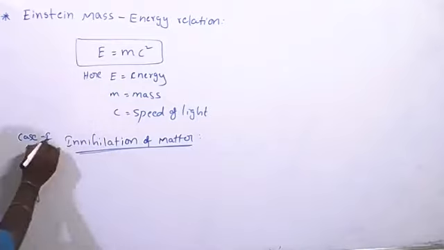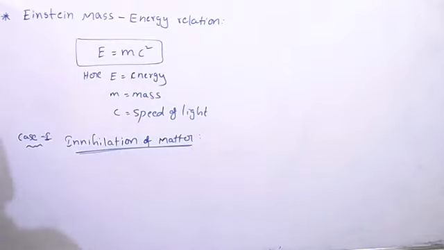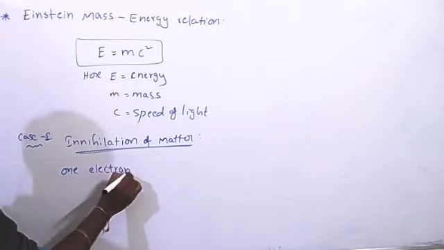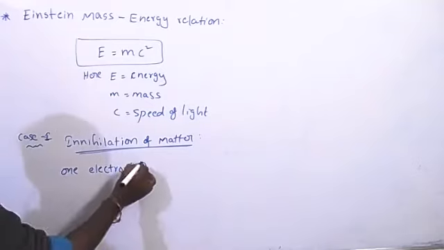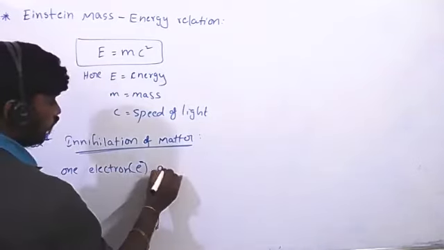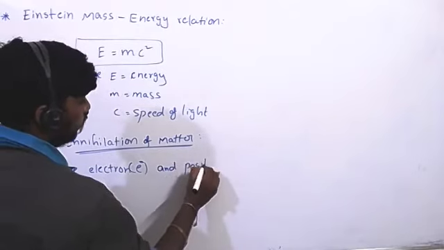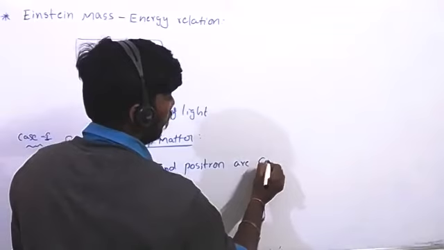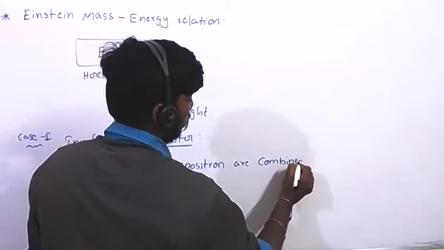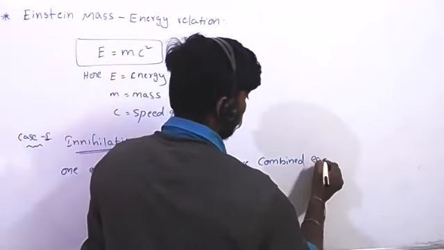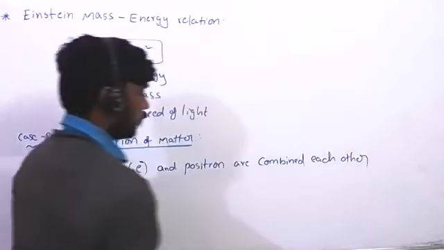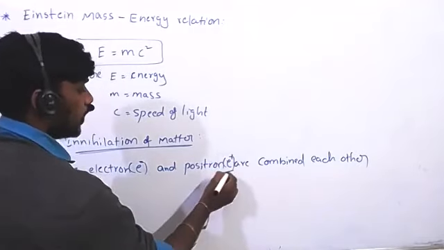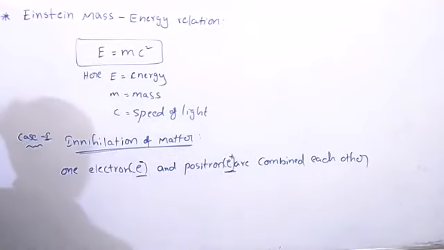Look at this. So here what will happen? When one electron, that is e power minus, and one positron, positron is e power plus, are combined with each other, what will happen?